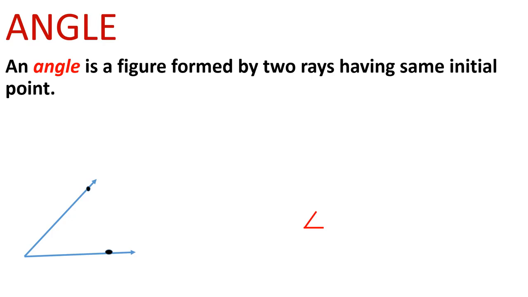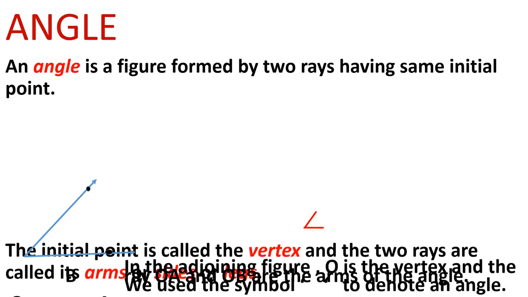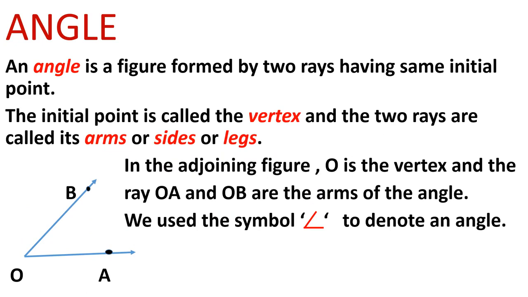There are two rays to make an angle having the same initial point. The starting point of those two rays is the same. And that initial point is called the vertex, or we can say corner.